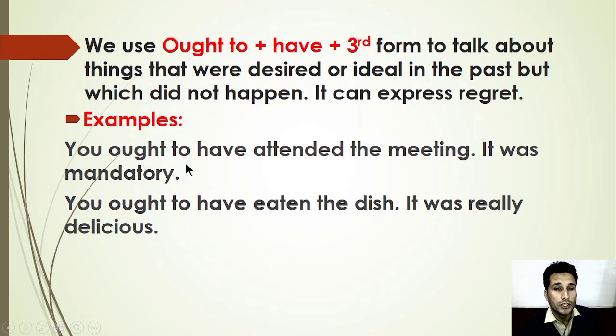For example, you ought to have attended the meeting. It means that you did not attend the meeting, and now I'm telling you that you ought to have attended it because it was mandatory. Okay, again, you ought to have eaten the dish. It means you did not eat it, and I say you ought to have eaten the dish because it was really delicious. So that is how we can use ought to with this structure.